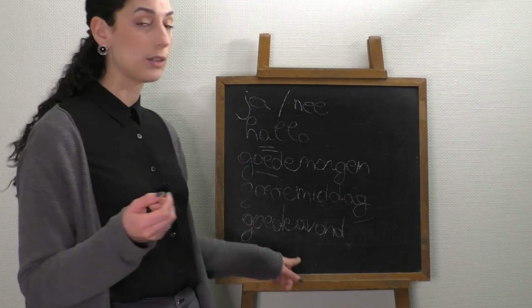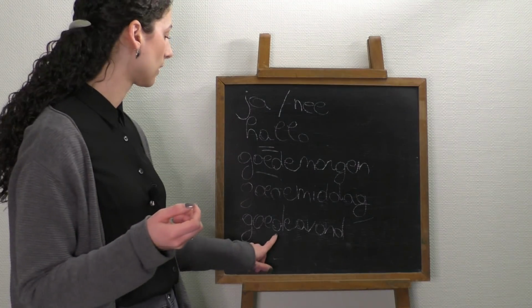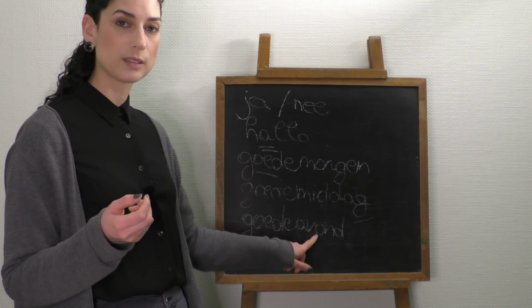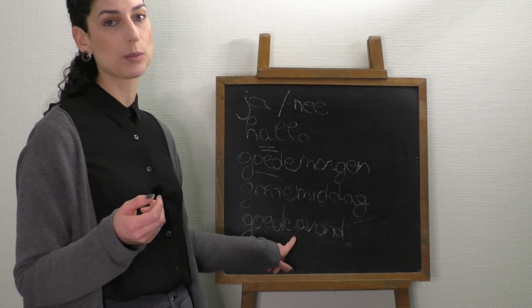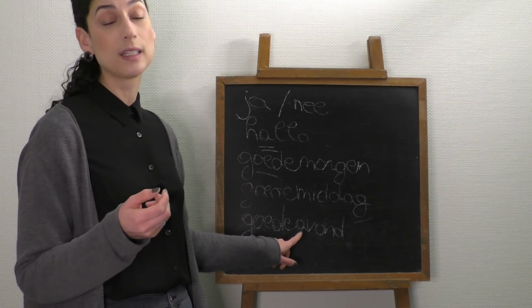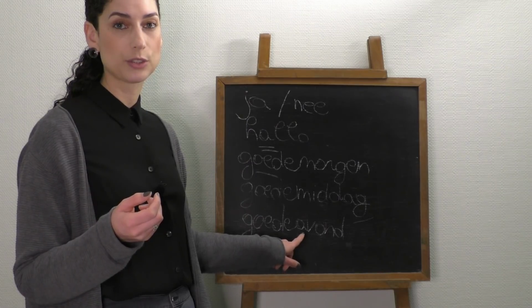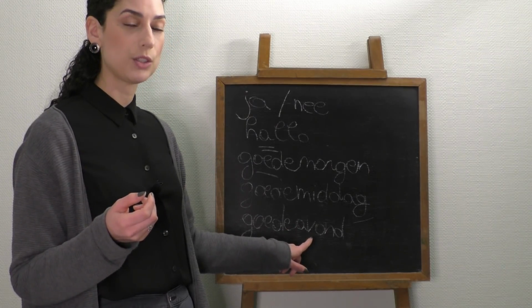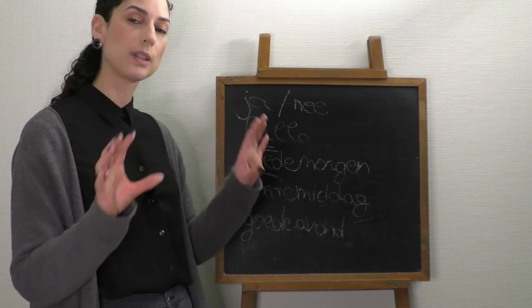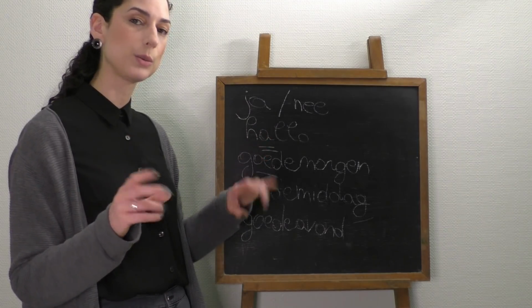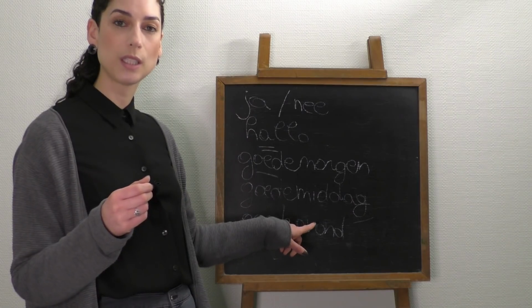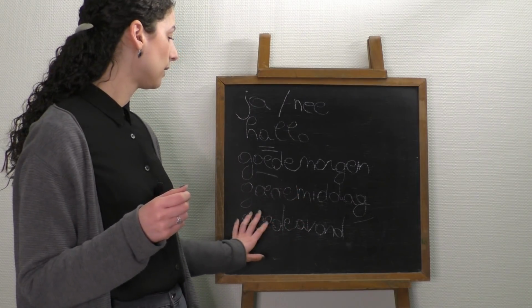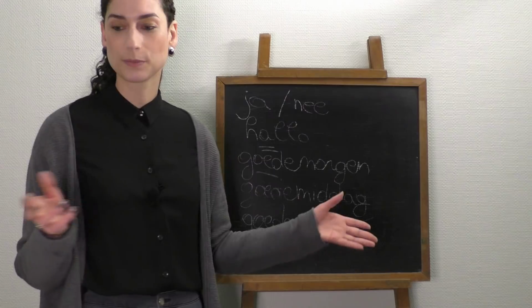But in the case of goedenavond, that is not necessary, because even though EA is a vowel combination in English, it's not one in Dutch. So E and A together, you will still pronounce both letters, so we don't need a hyphen or an umlaut here. It stays goedenavond.